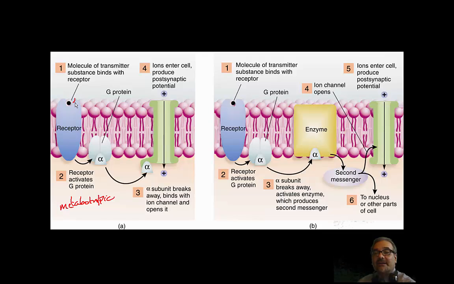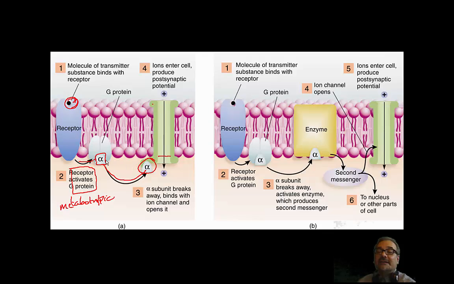That's why they're called metabotropic. So what happens here is a neurotransmitter actually binds with a receptor that's separate and apart from the channel itself. What this binding results in is an activation of a protein called a G protein. This G protein then cleaves out an alpha subunit. This alpha subunit then goes to the actual channel, and at the channel is the process of opening.